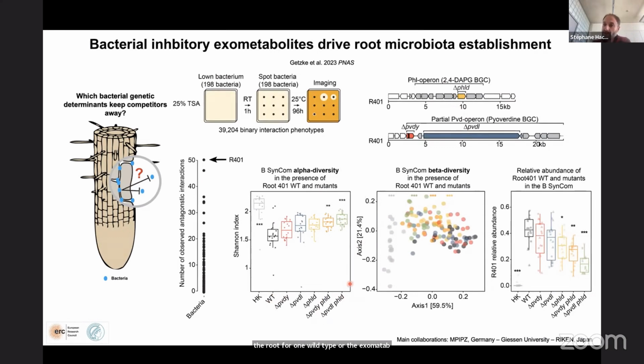And what we observed is indeed that these exometabolites with inhibitory activity are important for restricting the diversity at the root interface, but also for shaping the community composition. And they are also important to promote root41 strain competitiveness in the roots, because these exometabolites allow the strain to grow better in the root compartment compared to the exometabolite mutants.